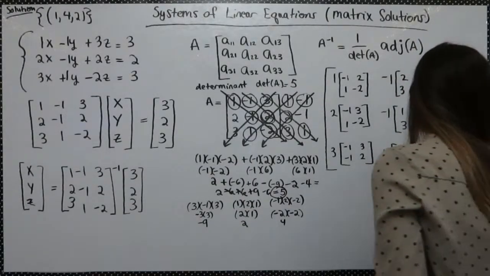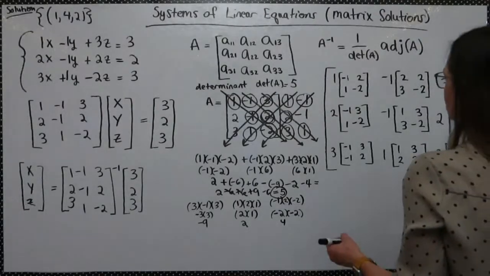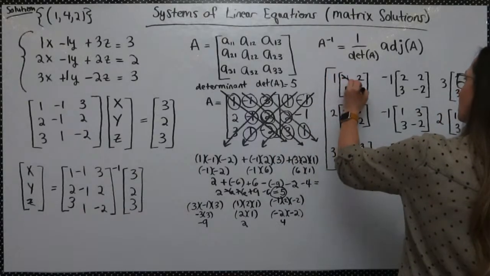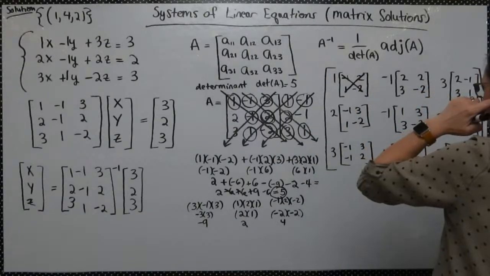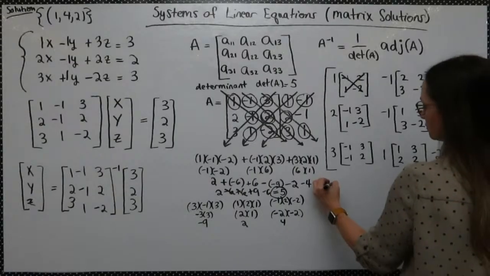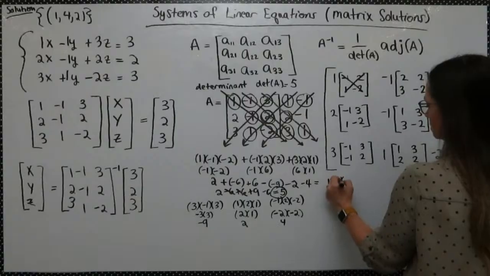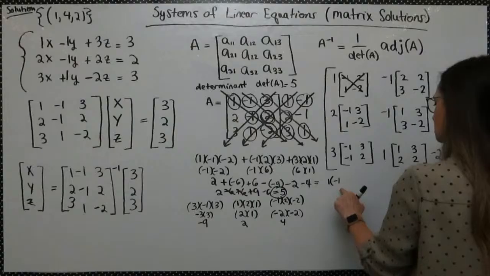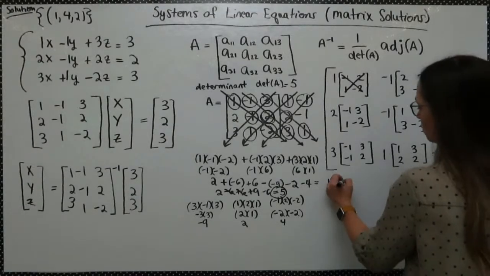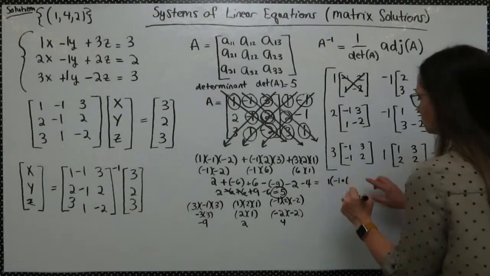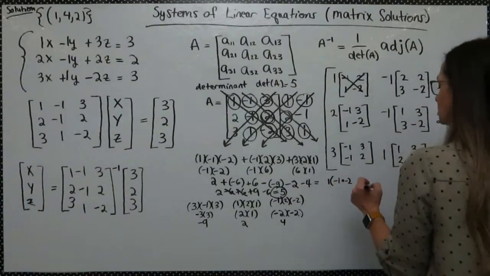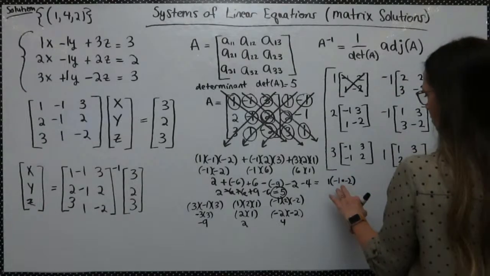So what I'm doing, and I'll try to do this as quickly as possible, the determinant of a 2x2 matrix is this same method, only you only have 2 diagonals. So this first one will be 1 times -1. Let's do it like this, with the dot, that way we can only have 1 parentheses. 1 times -2. I don't want to make it too complicated, so I'm not going to put a bunch of parentheses in there, but I still want to keep track of my order of operations.